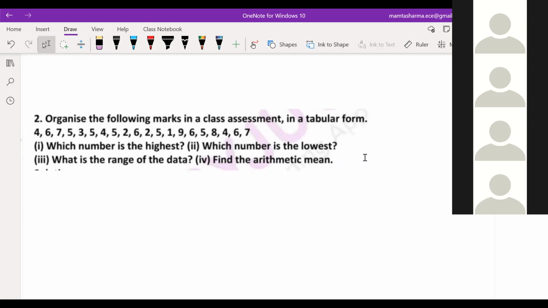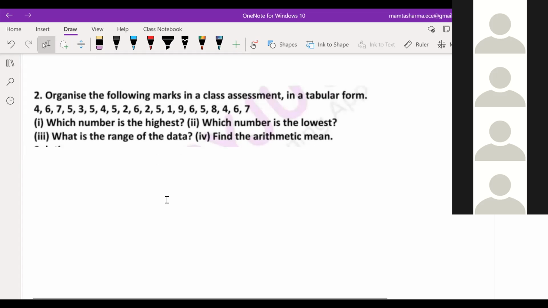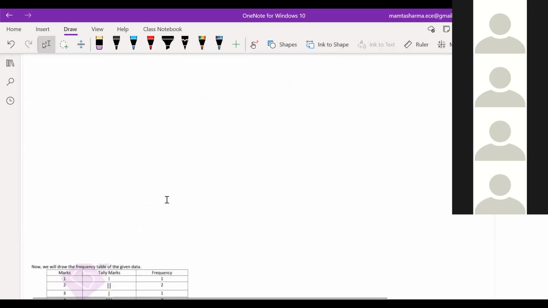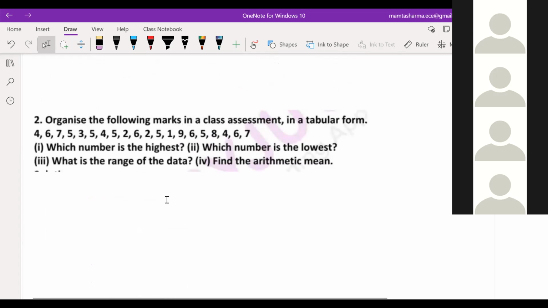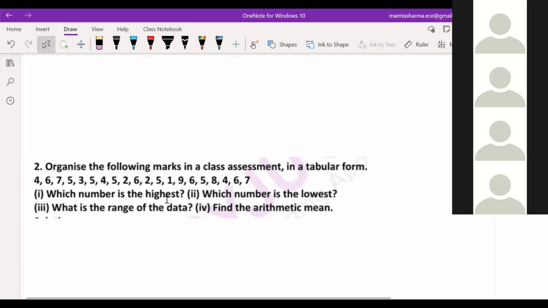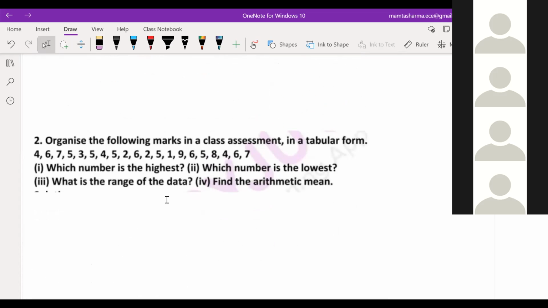Ritvik, correct. Mean would be... Ma'am, could you go back to this question? Yes, ma'am. Do it fast.